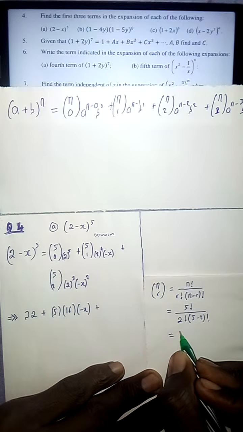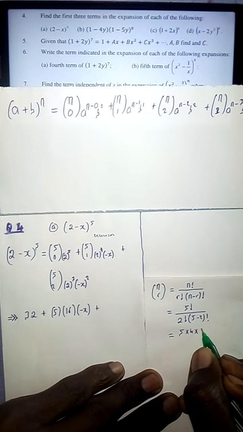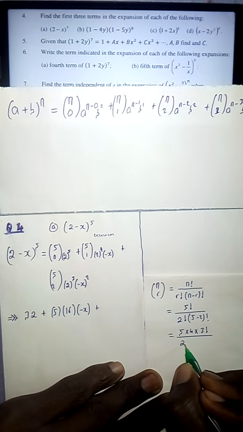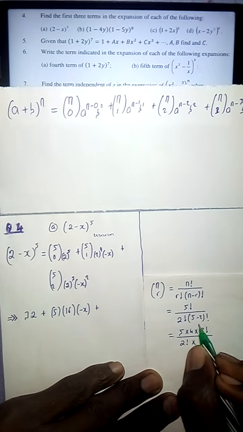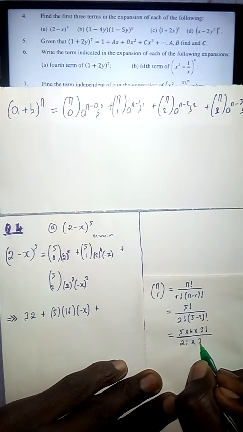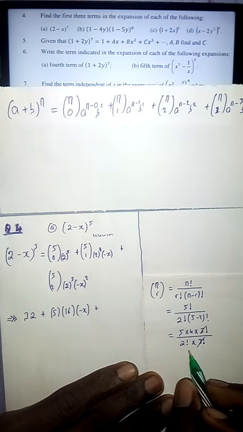So we have 5 factorial. 5 factorial can also be written as 5 multiplied by 4 multiplied by 3 factorial, over 2 factorial multiplied by 5 minus 2, that is 3 factorial. So 3 factorial and 3 factorial cancel.